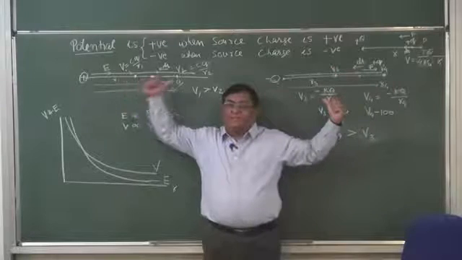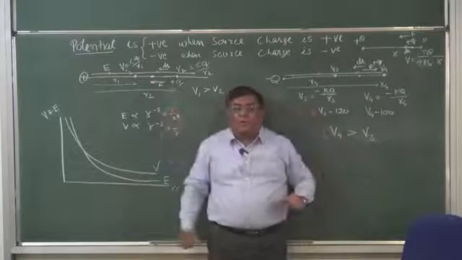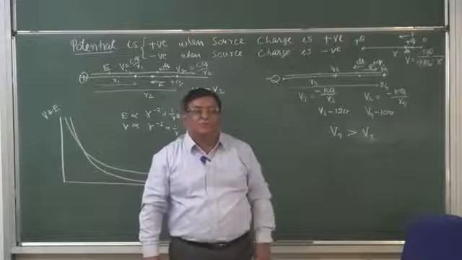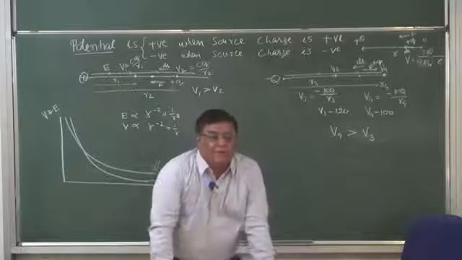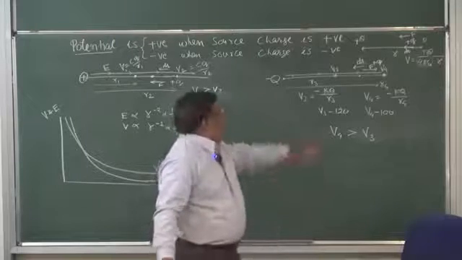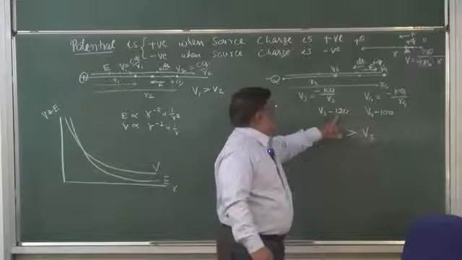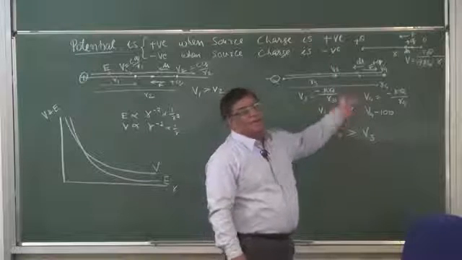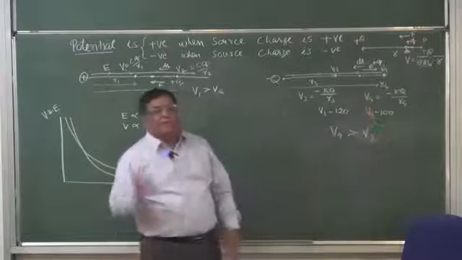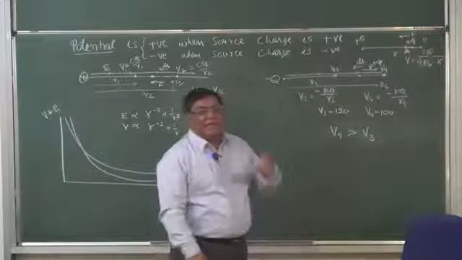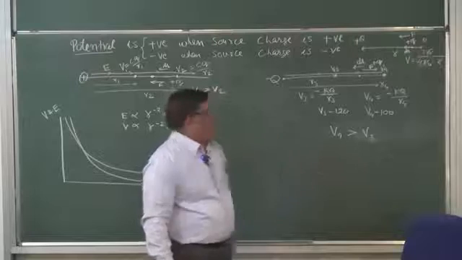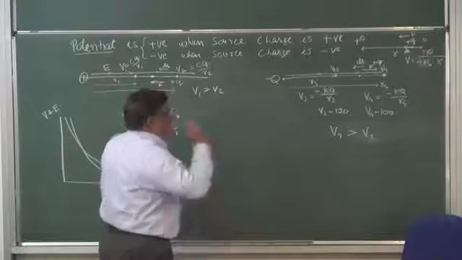Here it is moving this way. But what is the common rule? It moves from higher potential to lower potential. If it is negative, then minus 100 is higher and minus 120 is lower. If it is positive, then 120 is higher and plus 100 is lower. So it will move like this, and this is according to Coulomb's law also. So we understand it, make it a point.